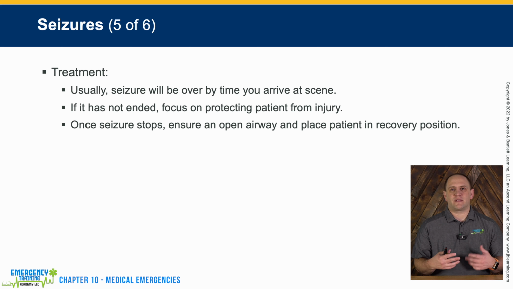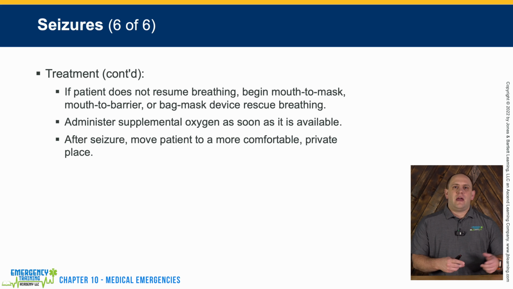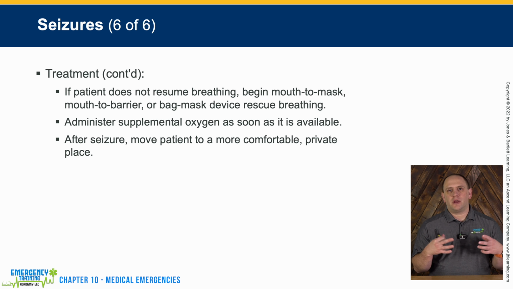Once the seizure has stopped, we want to assure we have airway, breathing, and circulation, placing them in the recovery position and making sure that they don't aspirate. As our patients are seizing, sometimes the muscle wall will actually be twitching and contracting as well, and so their breathing will become irregular.